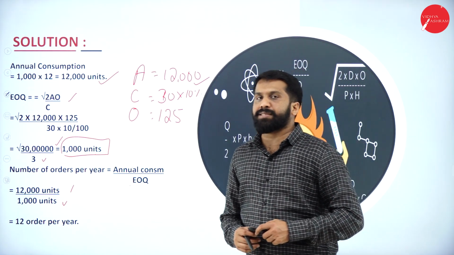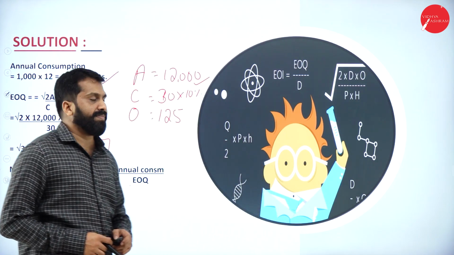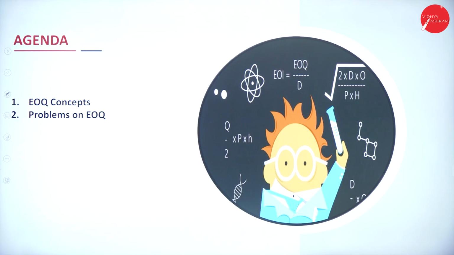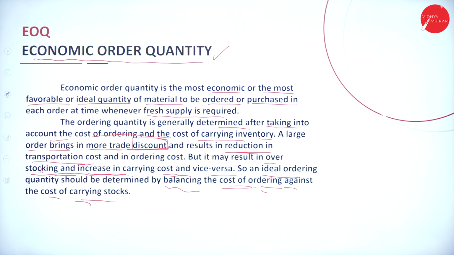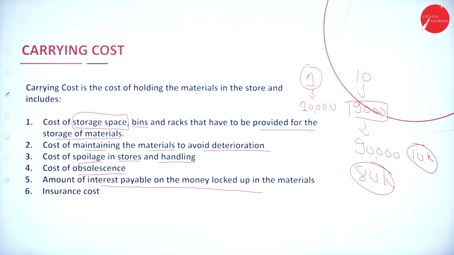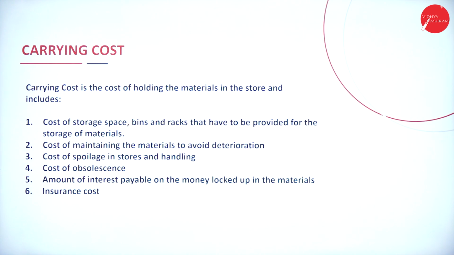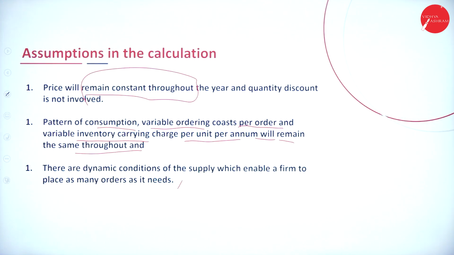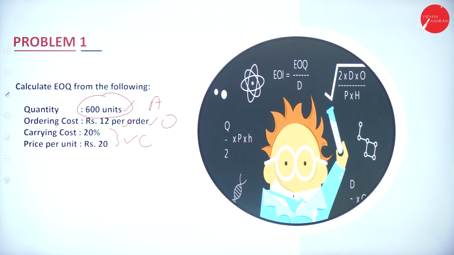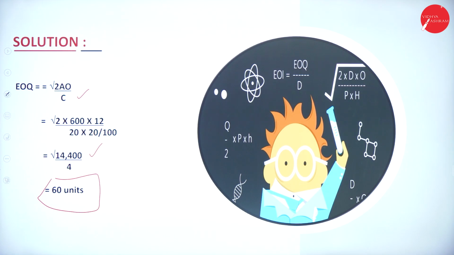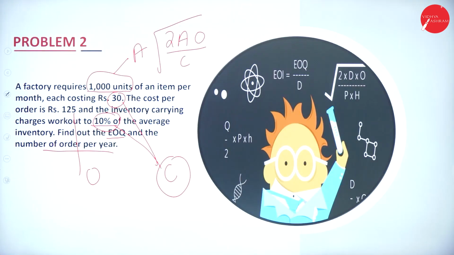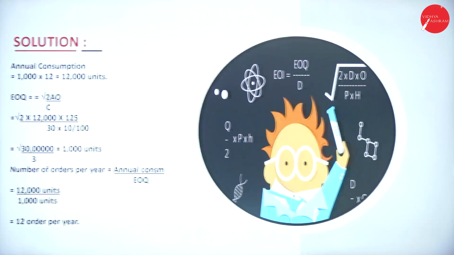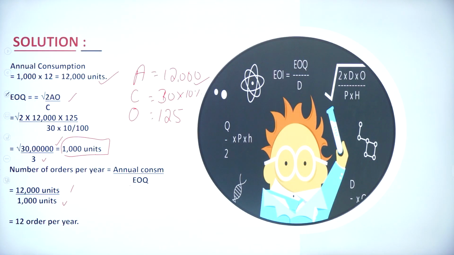I'll go back to all these slides so that you can take a screenshot. So this is your agenda: EOQ concept, problems on EOQ. EOQ, economic order quantity, carrying cost, the formula for computing EOQ, assumptions in the calculation, your problem number 1 and its solution, problem number 2 and its solution.